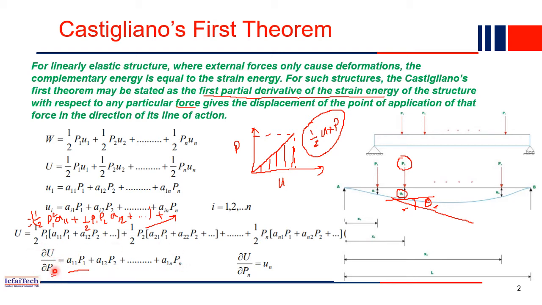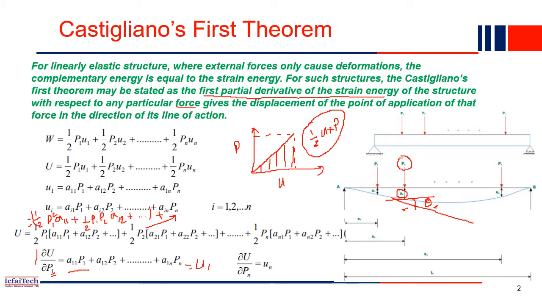Del U by del P1 is equal to A11 P1 plus A12 P2 and so on. Now, can you recall what this is? This is nothing but U1. If you see what U1 is, A11 P1 plus A12 P2 plus so on, the same thing we got. So this entire part is nothing but U1.